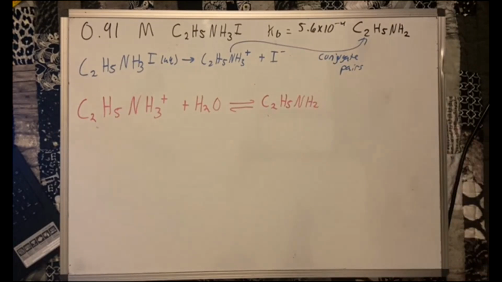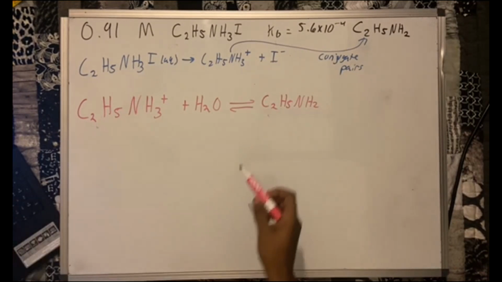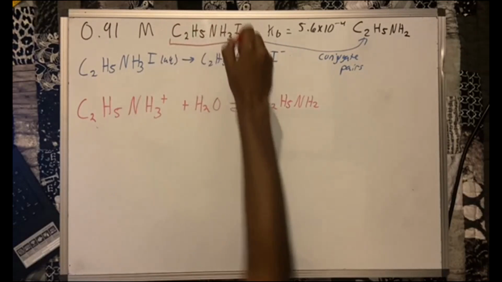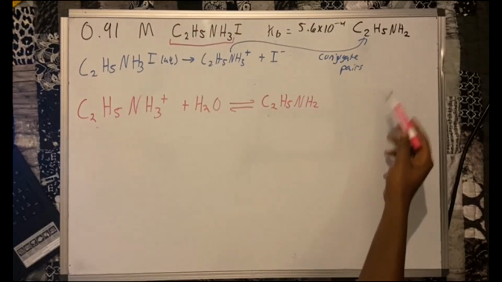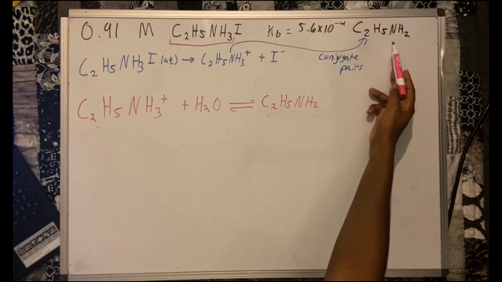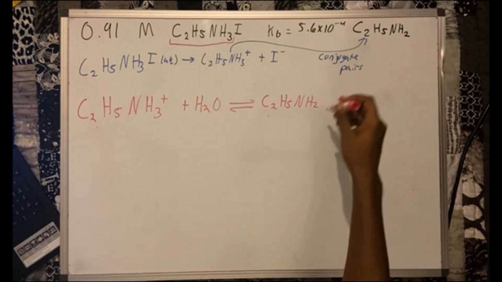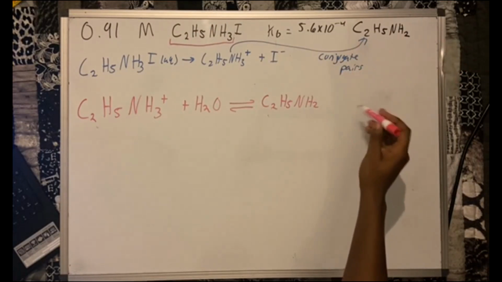Can we use Henderson-Hasselbalch? Not in this case, because I only have this one floating in my solution. I have 0 of the other, and the math will show you that the equation becomes infinity, essentially, or undefined.